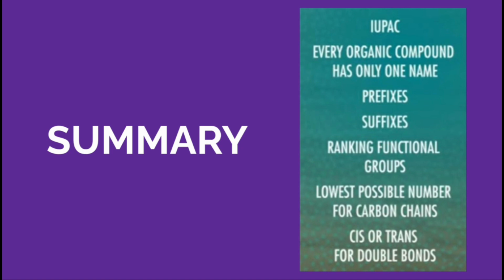They do this by giving prefixes to compounds for the number of carbon in a chain, suffixes based on parent functional groups, and ranking functional groups somewhat arbitrarily for precedence. We also learned that we have to number our carbon chains so that our parent functional group has the lowest possible number. We also learned about cis and trans.